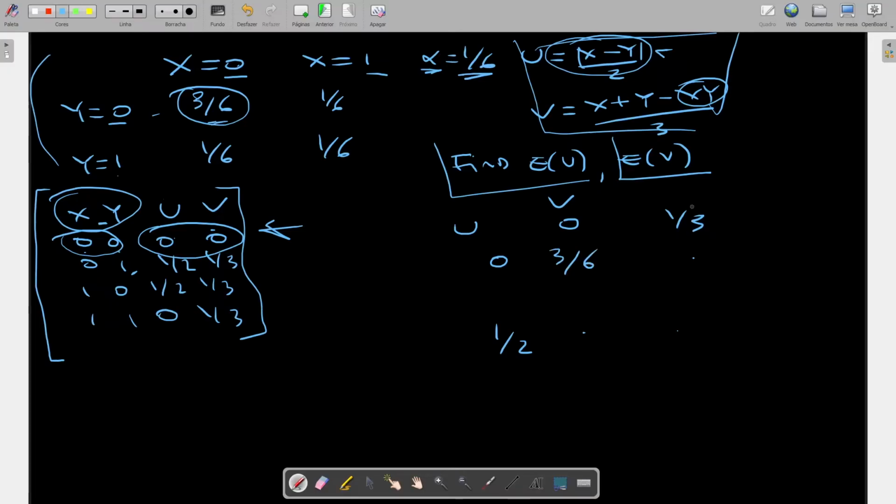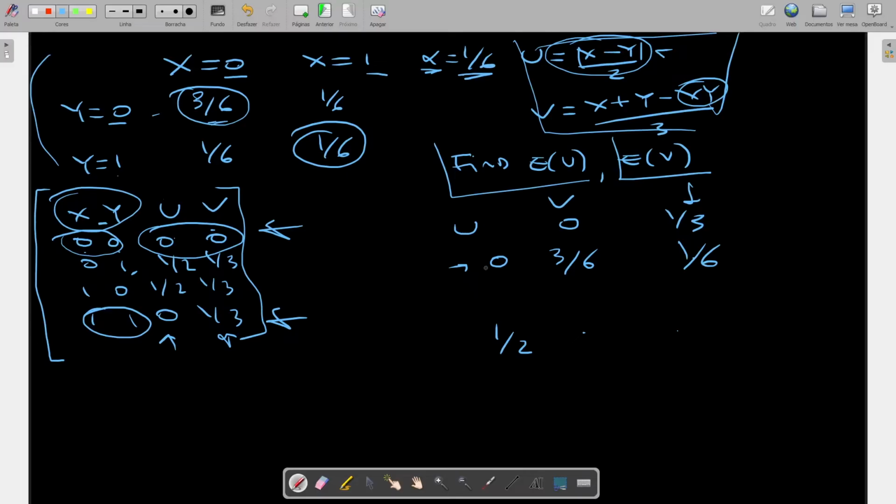The second entry: what is the situation where u is 0 and v is 1/3? You have a situation here where u is 0 and v is 1/3. And you check those values in x and y. It's the entry where x is 1 and y is 1, which is this one. So this is 1/6.